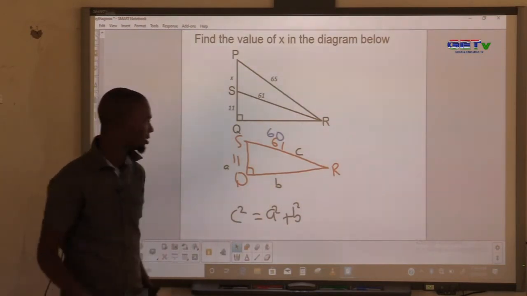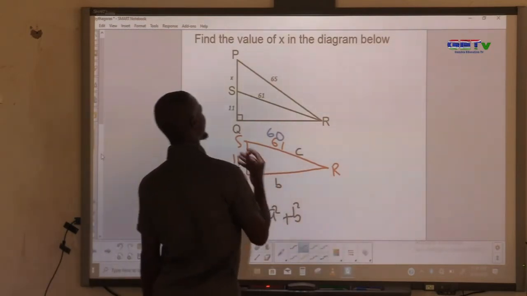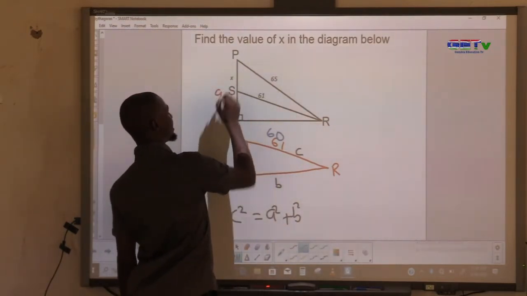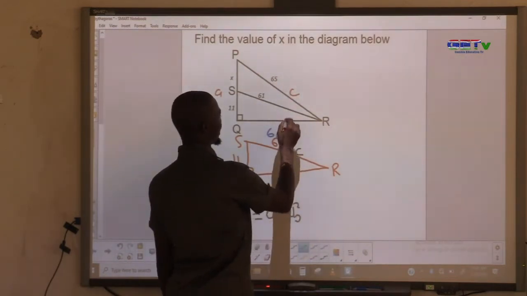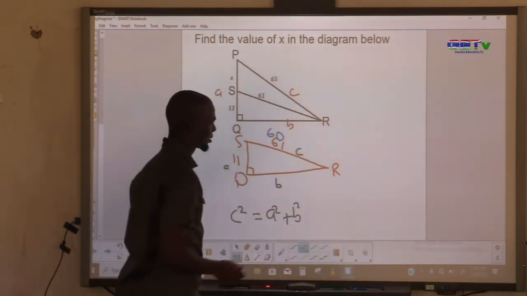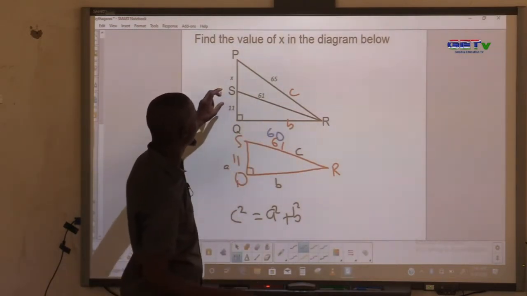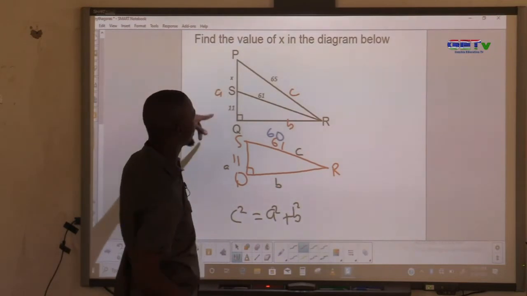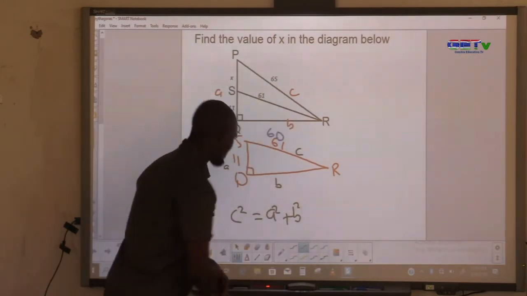We know that QR, using the Pythagoras theorem, the whole length here is A, here is C, and here it will be B. B is 60, A is 11 plus x, and C is 65. So we apply the formula.